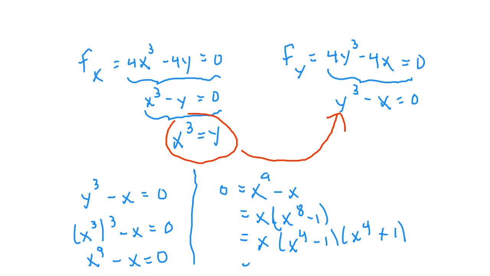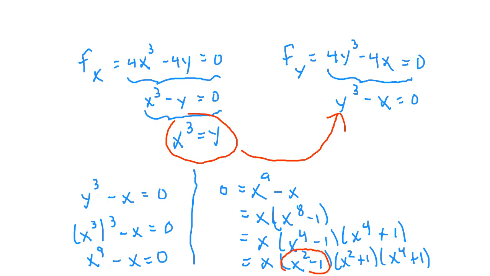But x to the fourth minus 1 can be written as x squared minus 1 times x squared plus 1. So we were relying on our factoring skills here. But then we can even go a step further, because x squared minus 1 factors also.